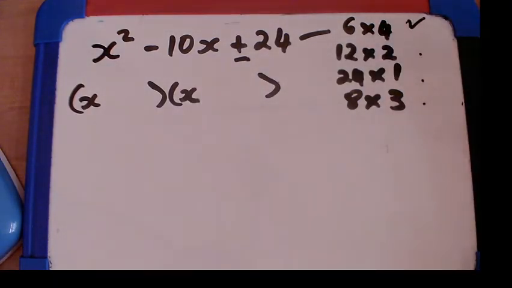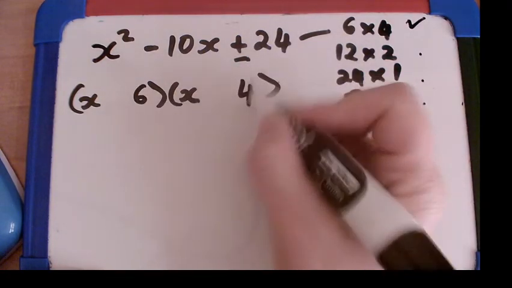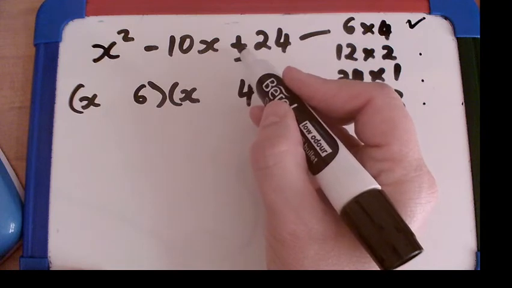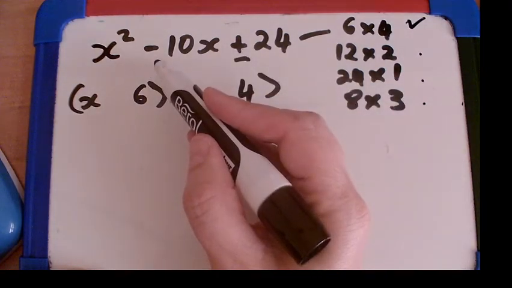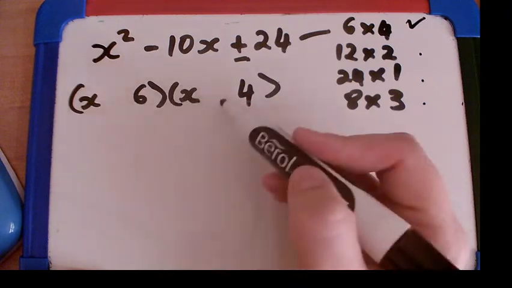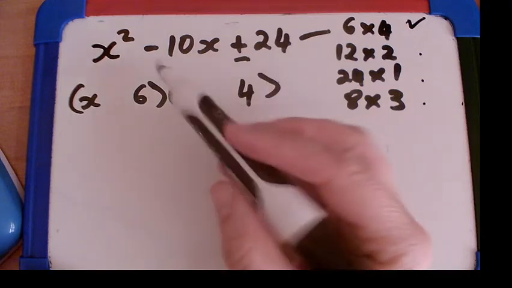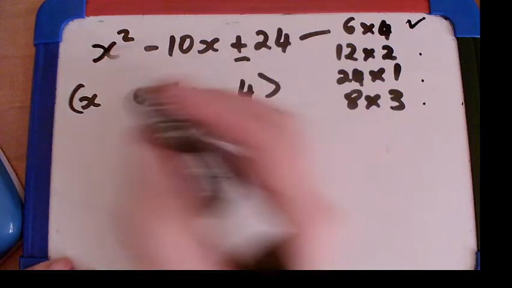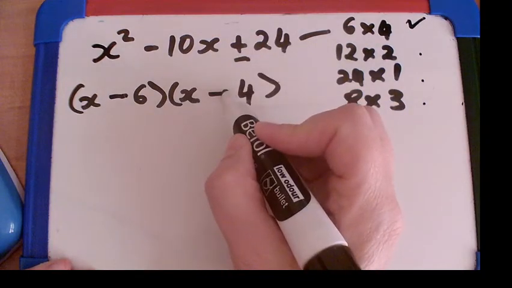It's the top one, 6 and 4. This tells me they're both pluses or they're both minuses. But that's a minus. If I have a plus 6 and a plus 4, that's going to give me plus 10. So how do I get it to be a minus 10? By having minus 6 and minus 4.